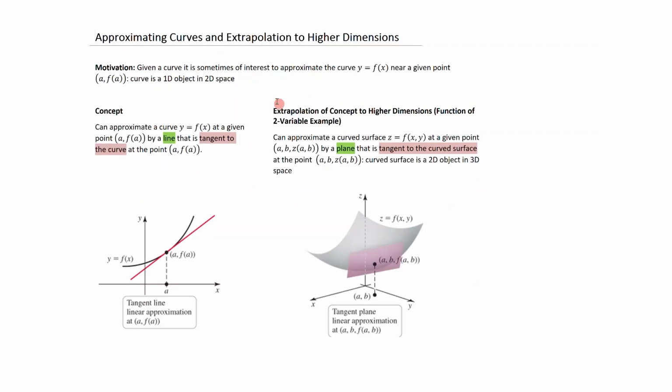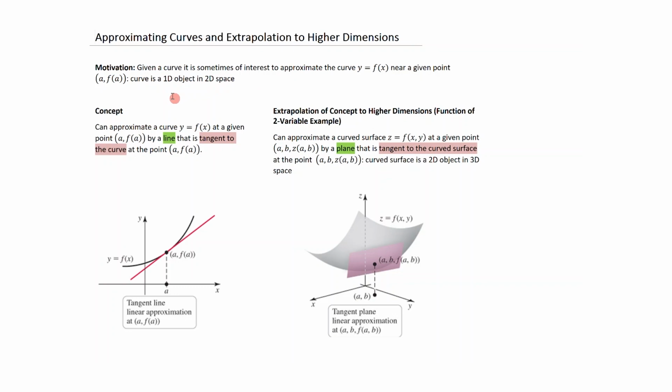So, the question of approximating curves and extrapolation to higher dimensions. What's the motivation? If we're given a curve, it is sometimes of interest to approximate the curve, for example y equals f of x near a given point a, f of a. A curve is in fact a 1D object in 2D space if we're talking about a single variable function.